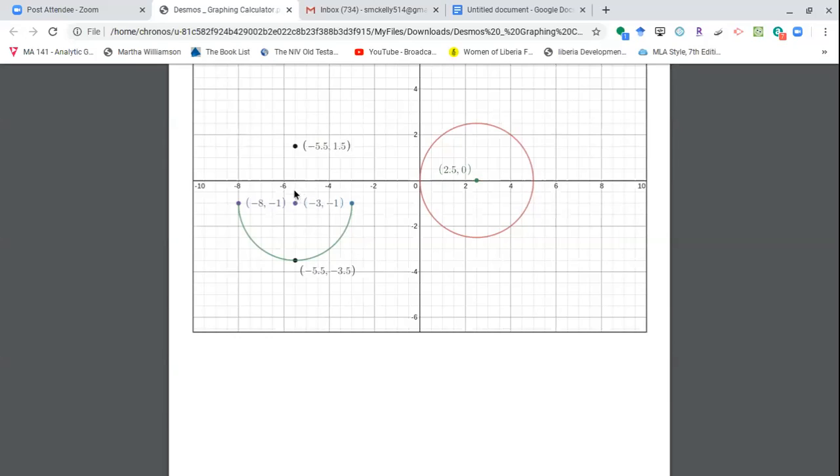And by the way, each box on the x-axis is half a unit. So 2 boxes is 1 unit. So I went 5 boxes up to get to a 2.5 unit radius.